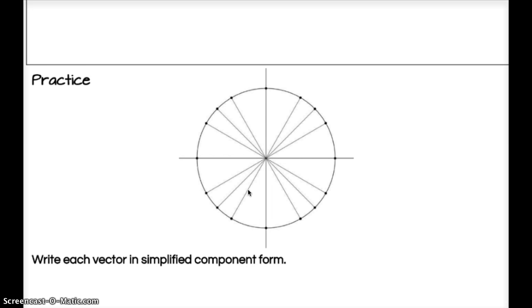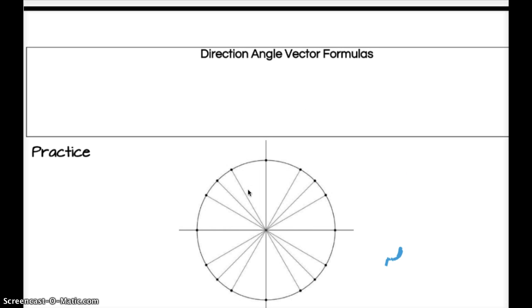If you go to page 2, if you ever want to find a vector, and you are given a direction angle and a magnitude, you take the magnitude and multiply it by the cosine of that angle. That's the x value.